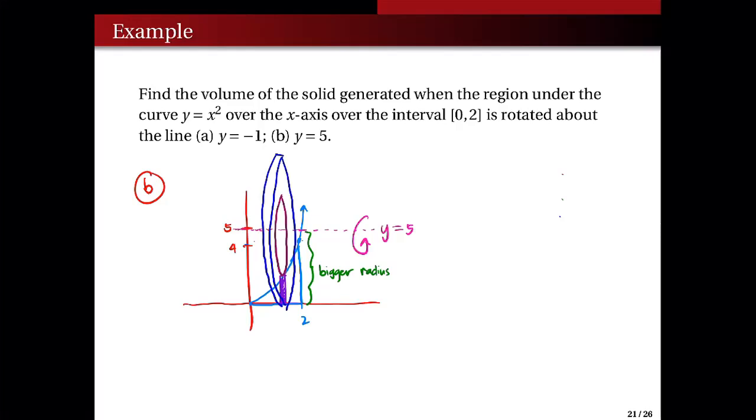And then the smaller radius will be from this point up to this point. So this guy here, this is your smaller radius. So it's just from this point up to the function.